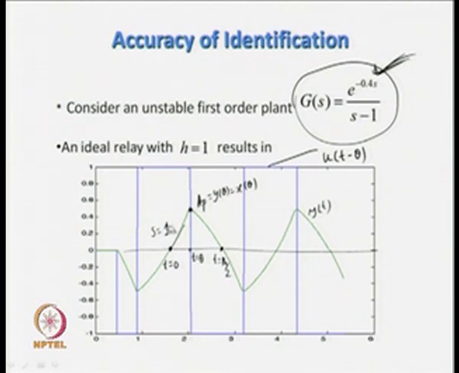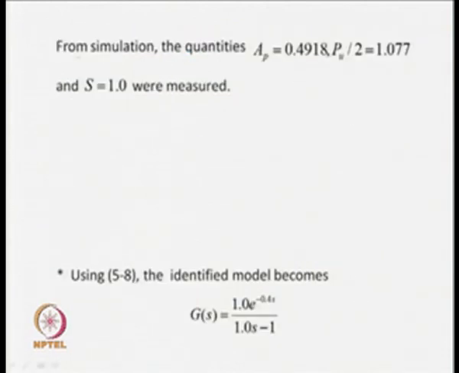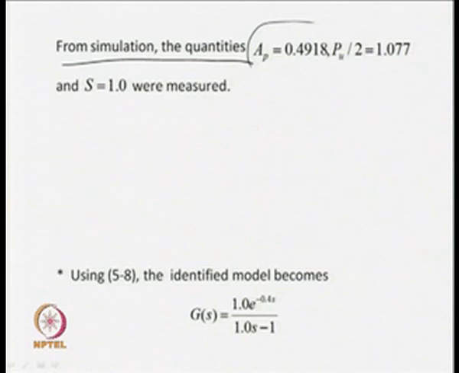So, let us see what sort of measurements are obtained from this output signal. From the simulation with the relay testing, with the relay setting of plus minus 1, a peak amplitude of magnitude 0.4918 is obtained.